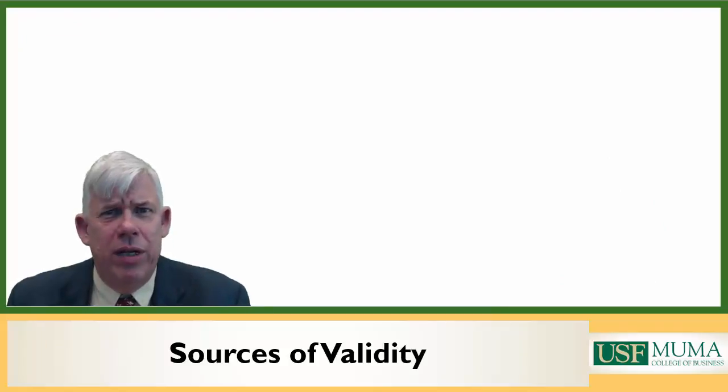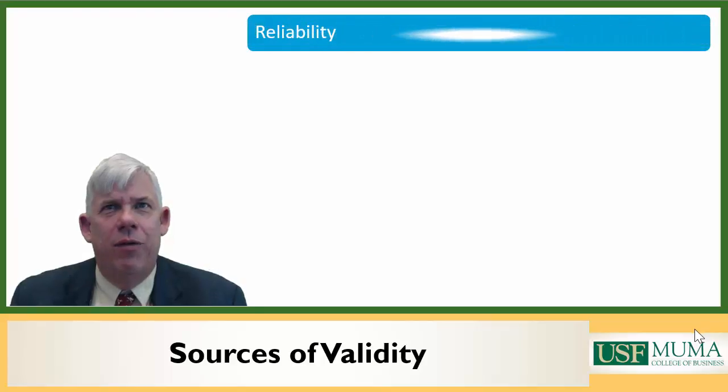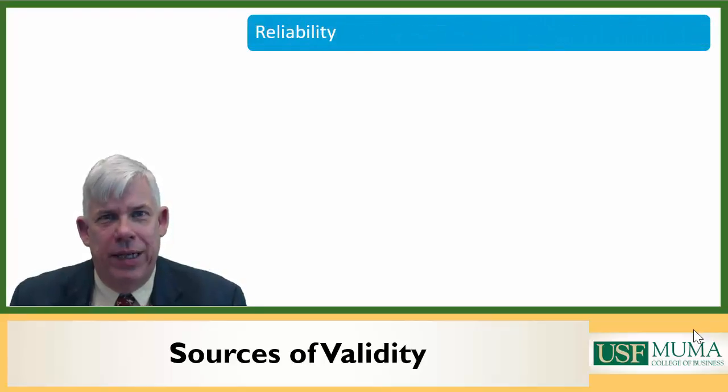What do I mean when I talk about validity? Well, commonly in our research, there are 4 sources of validity that we specifically look for. The first source is reliability. And what reliability means is each time you gather the same data, you get the same results.